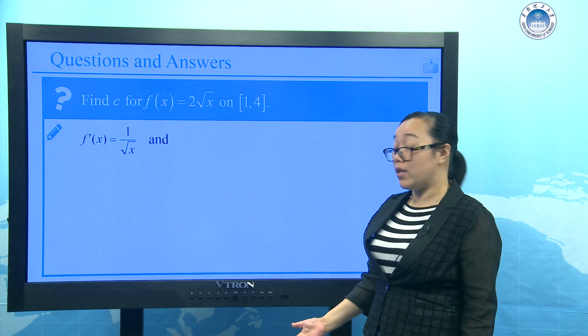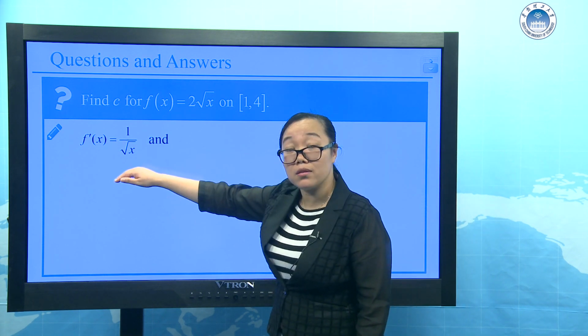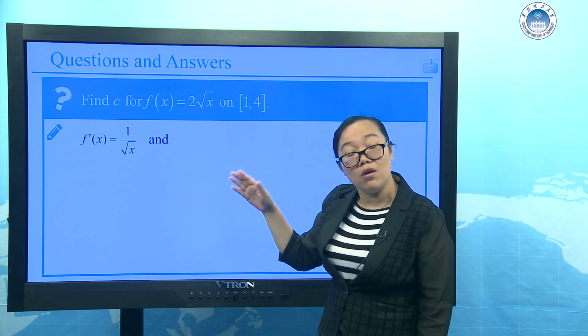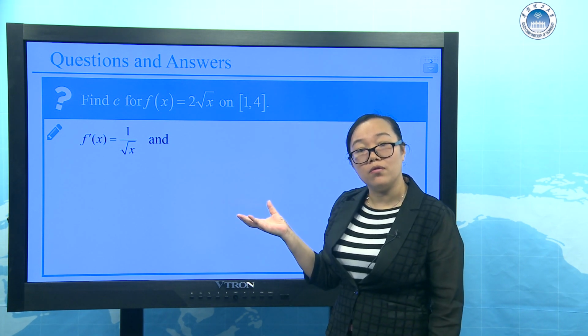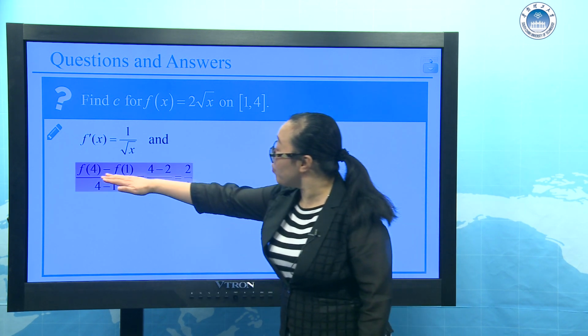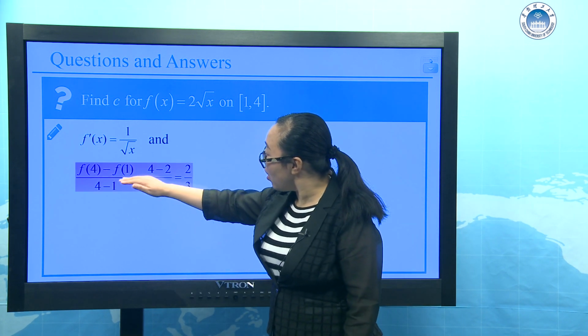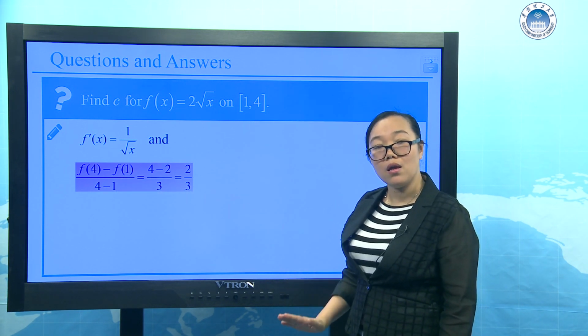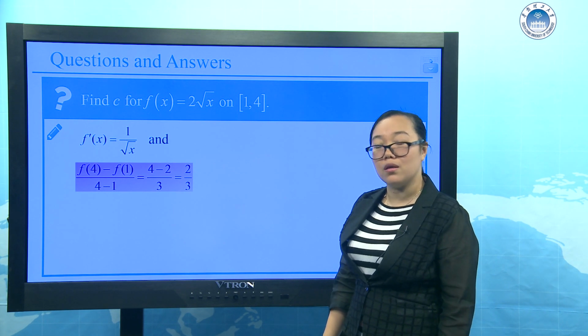We can find it. f prime x equals 1 over square root x. We know the basic formula: f prime c equals f(b) minus f(a) over b minus a. In this special case, a equals 1, b equals 4.